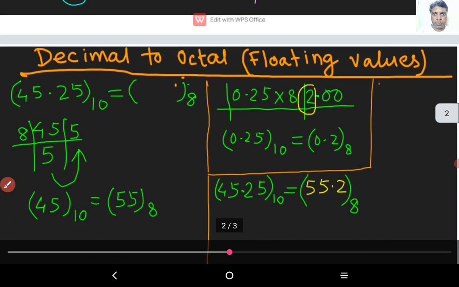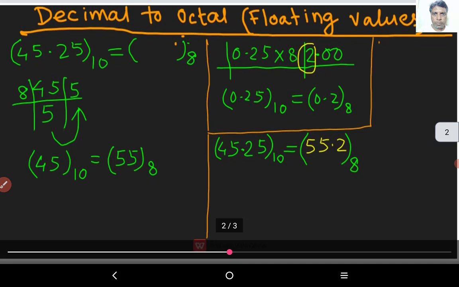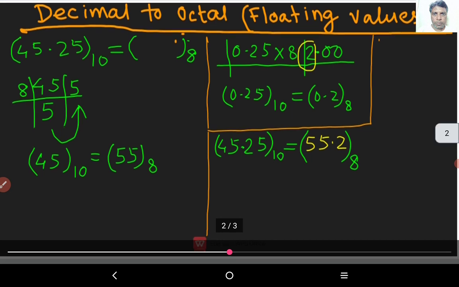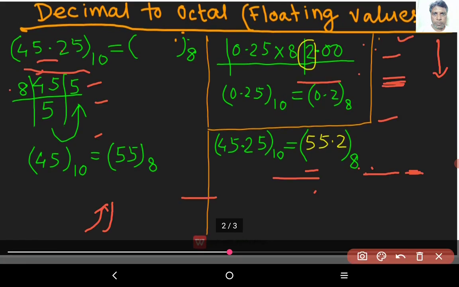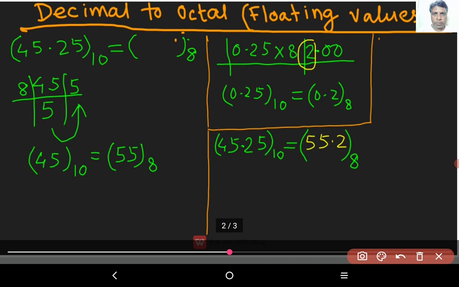In this manner we are again going to convert from decimal to octal. As we are converting from decimal to octal, we divide the whole part by 8, and we get 55 for the whole part. The decimal 0.25 is multiplied by 8 as we are changing it to octal form.